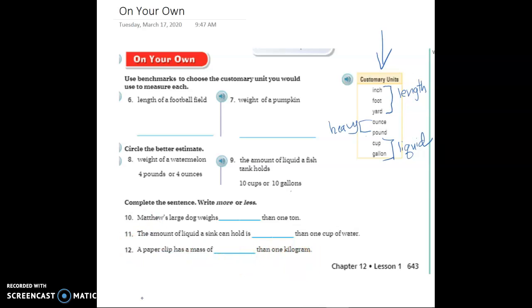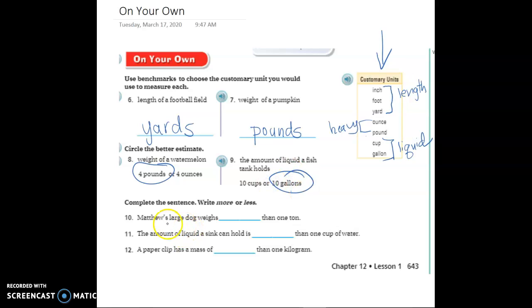I'm going to go ahead and give you the answers now. If you're not ready, you can pause this video at any time. The length of a football field would be measured in yards. The weight of a pumpkin would be measured in pounds. The weight of a watermelon would be about 4 pounds. The amount of liquid in a fish tank holds about 10 gallons.